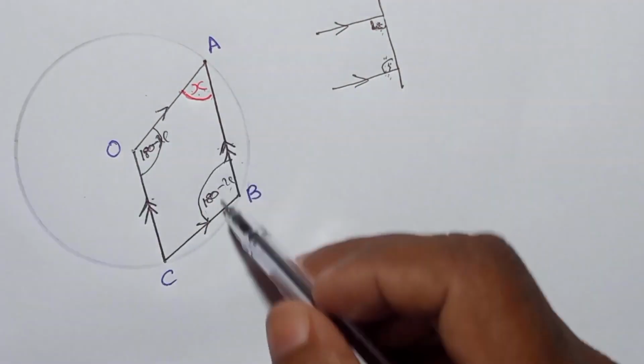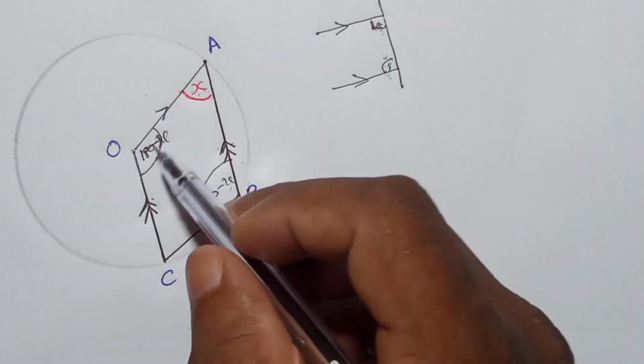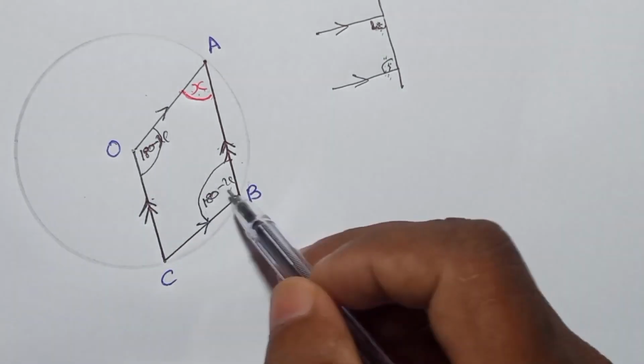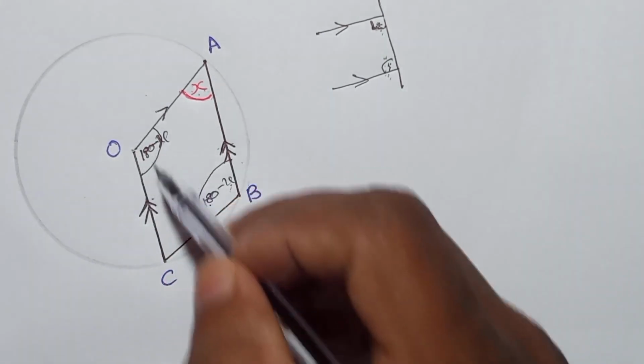Now this is a parallelogram, because opposite sides are parallel. That means this opposite angle also should be equal, right? Now it's correct, no? 180 minus x, here also 180 minus x.